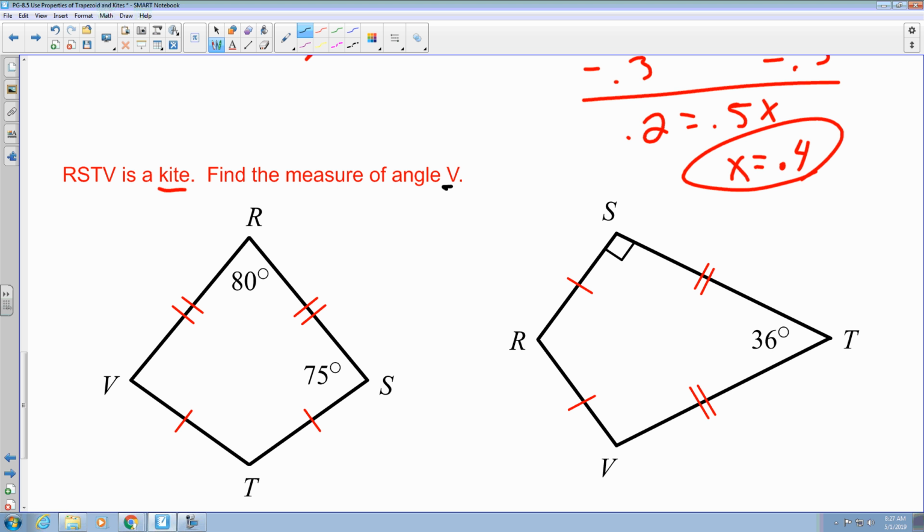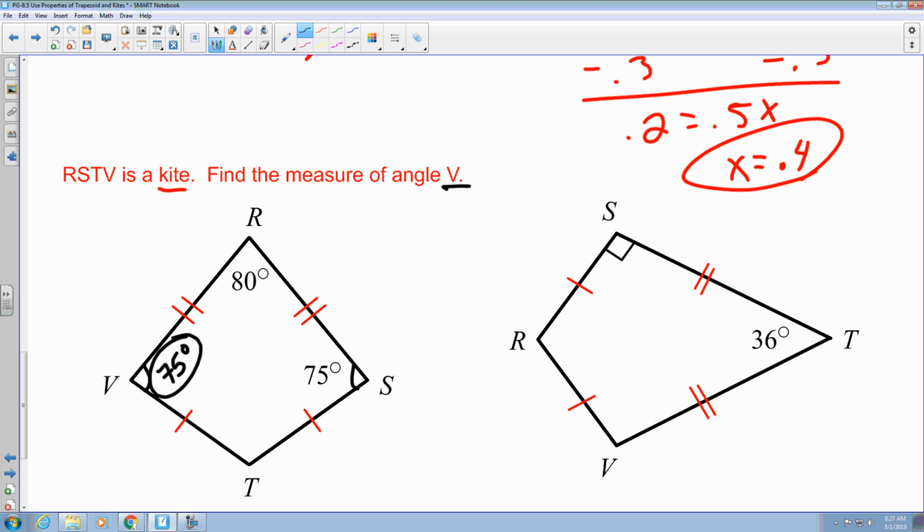They want us to find the measure of angle V. If I look here, by rule, the two interior angles that don't share a congruent side are going to be congruent angles. Since we know that S is 75 degrees, I know that V is also going to be 75 degrees.